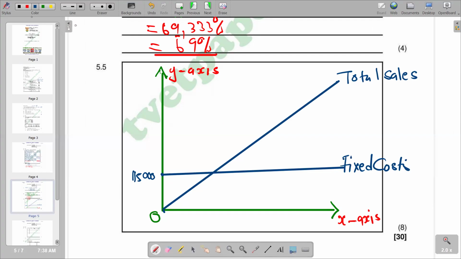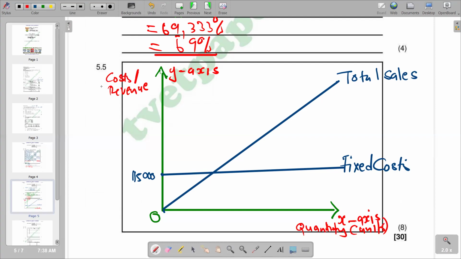You can just add another label on the horizontal axis, whereby we are saying quantity, in particular, it's in units, on the horizontal axis, and here we are going to have our value, which is obviously in rands, or you can say cost or revenue being our vertical axis.